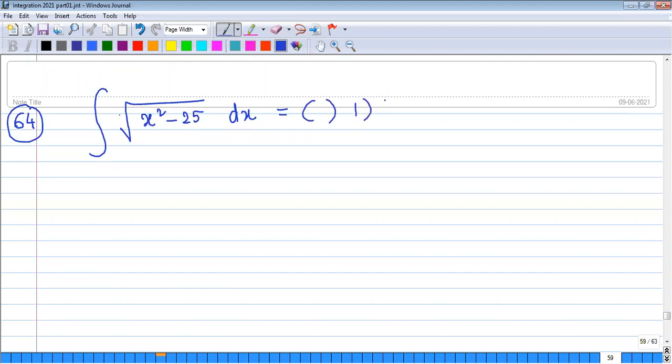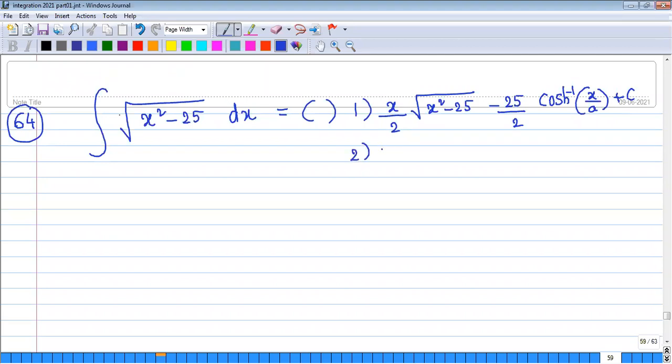First one: x upon 2 under root of x square minus 25 minus 25 by 2 cos h inverse x by a plus c.